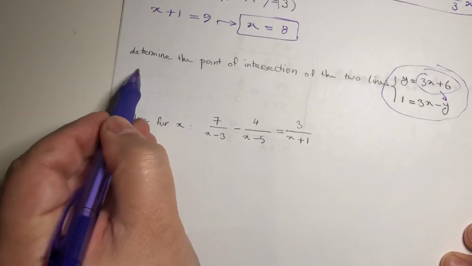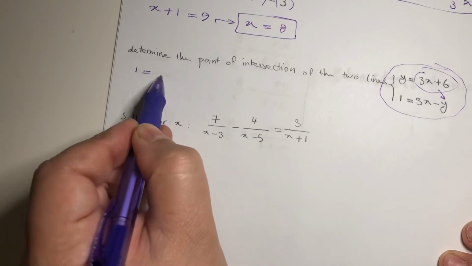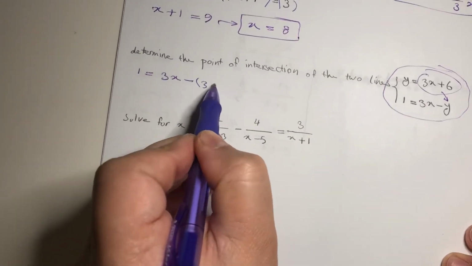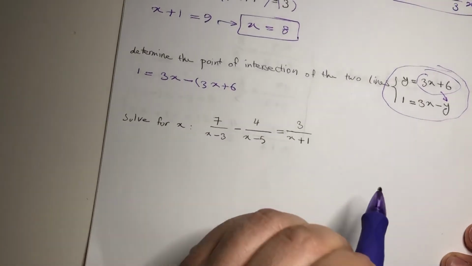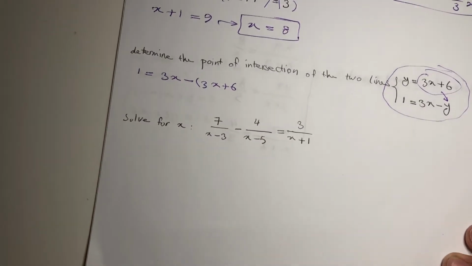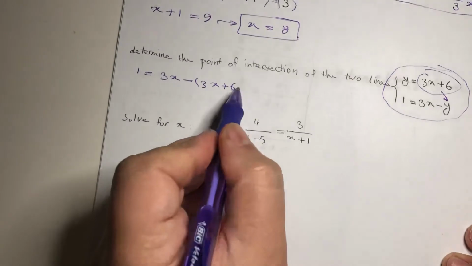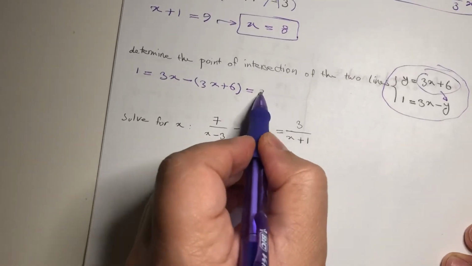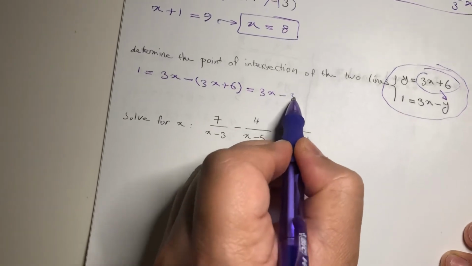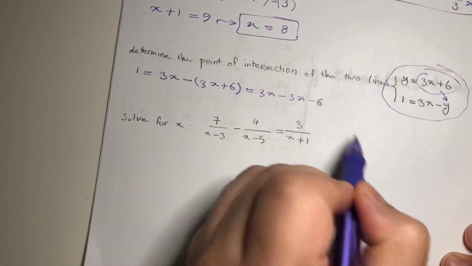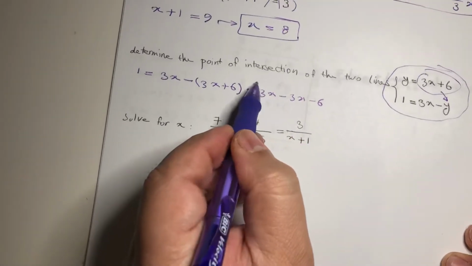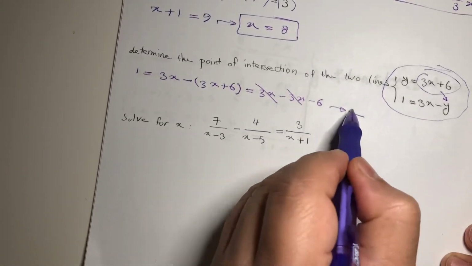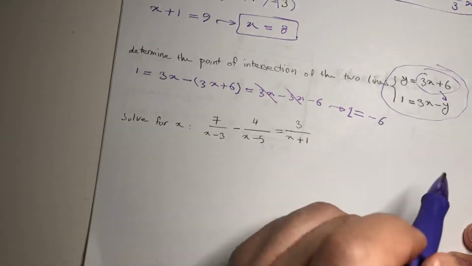The second equation is 1 equals 3x minus y, which becomes 3x minus 3x minus 6. Now what we have is 1 equals minus 6.